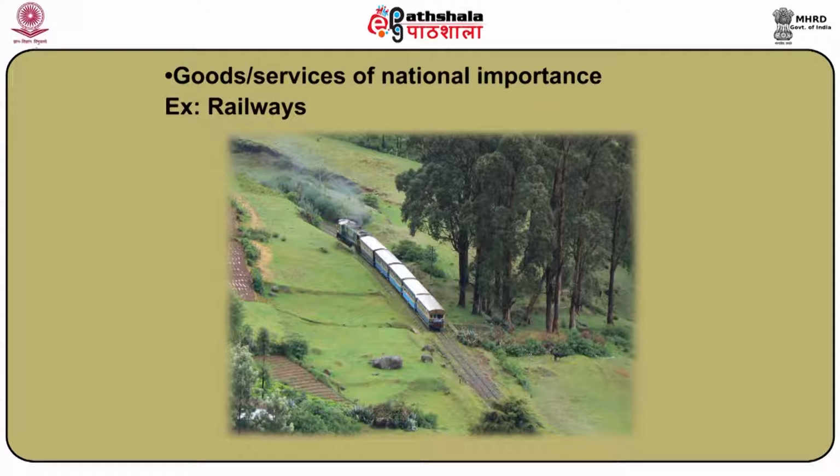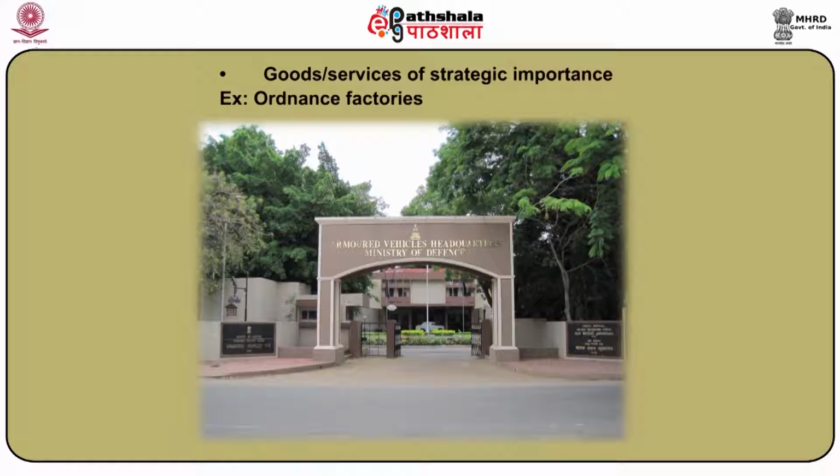To a large extent, the departmental form of public enterprises has contributed to the overall growth of the country. Next, goods and services which are of strategic importance are also located in the departmental form of public enterprises. For example, ordnance factories in India are established under the departmental form of public enterprise, for a simple reason that ordnance factories cannot be established by private parties.